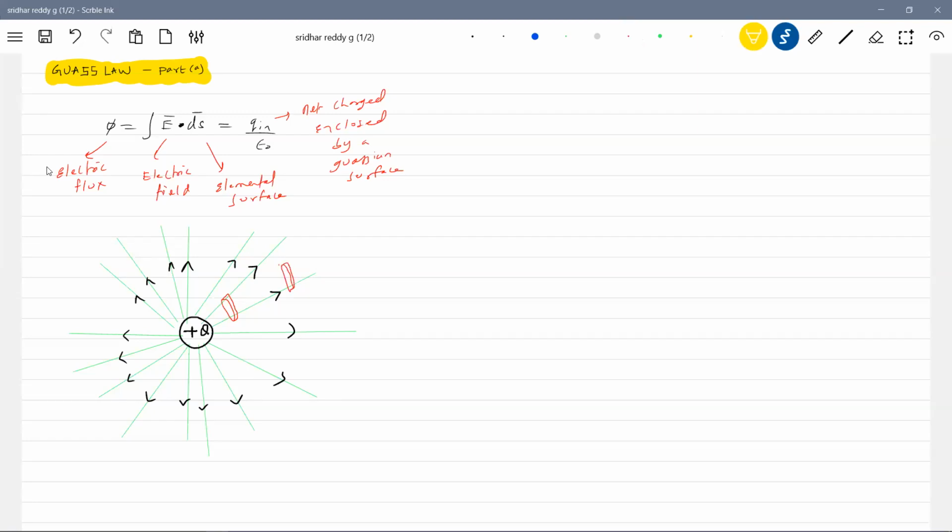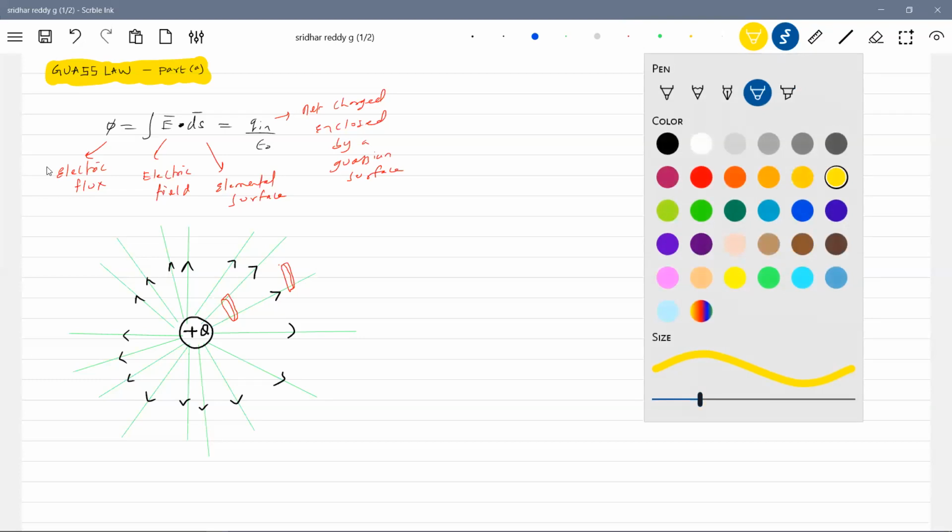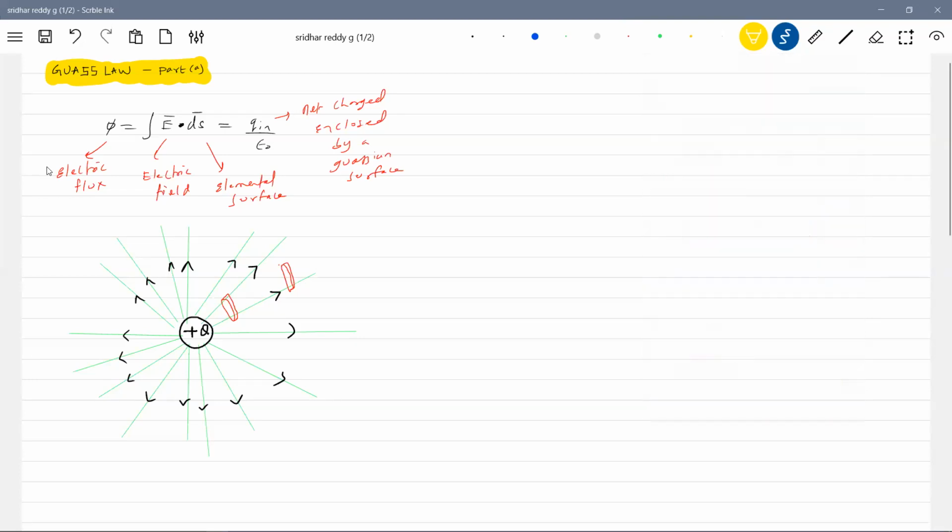So this is the surface. What about the lines of force here? There are two lines of force passing. How many lines of force here? Only one line of force. So now I'm going to express that electric field times area will become flux.